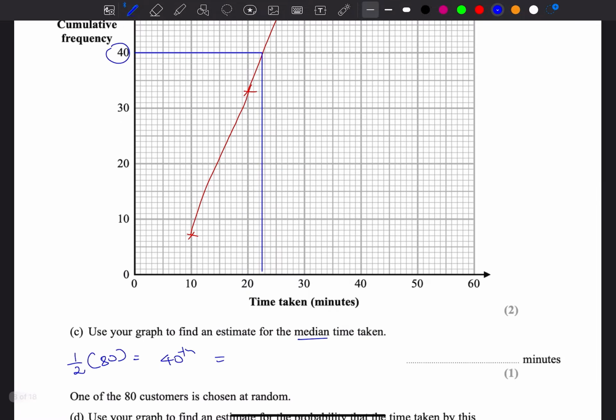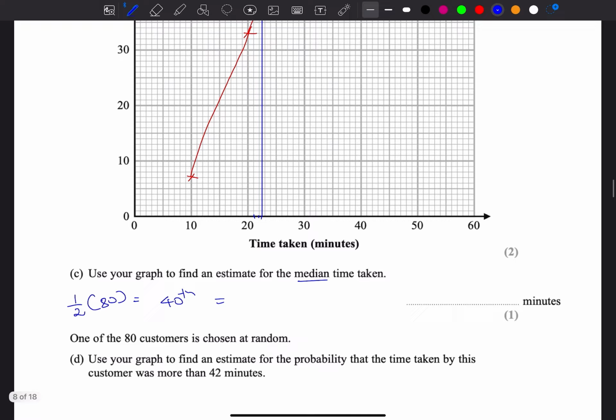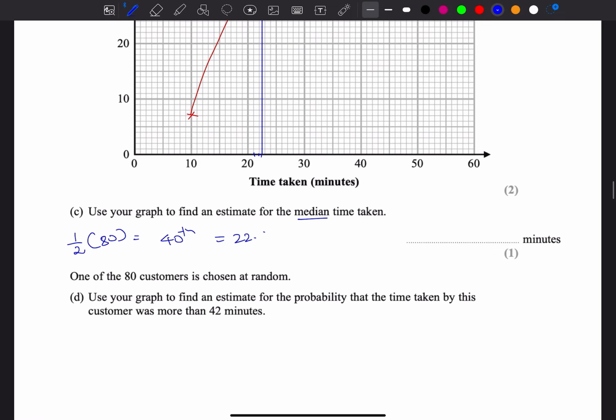Read that correctly. Literally, I'm reading 21, 22, 22.5. I would say any answer between 21, 22, 23, 24, anything within that is okay.